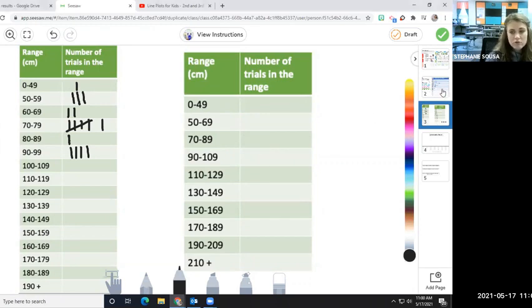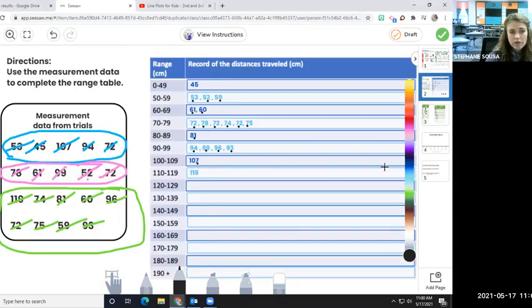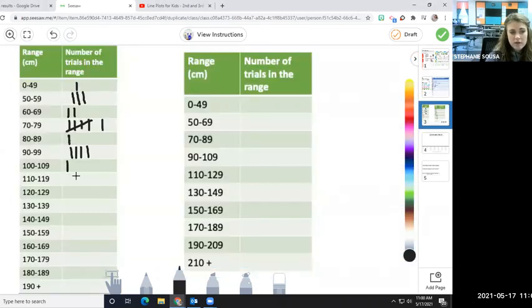Let's take a look at 100 to 109. There's one car. It gets 1 tally, 1 set of data.